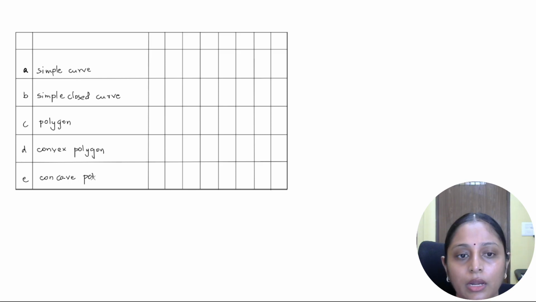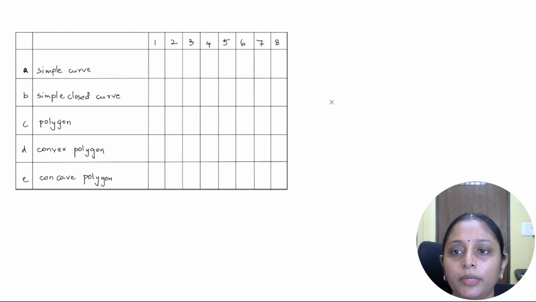Okay, now I have to classify the given curves based on these. So I have 8 figures given to me. I'm going to write these 1, 2, 3, 4, 5, 6, 7 and 8, right?